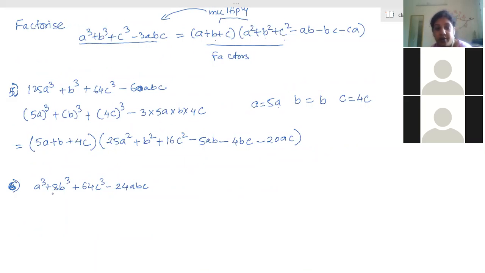First write in proper order the terms whose cubes these are, write that down first, and then factorize it.